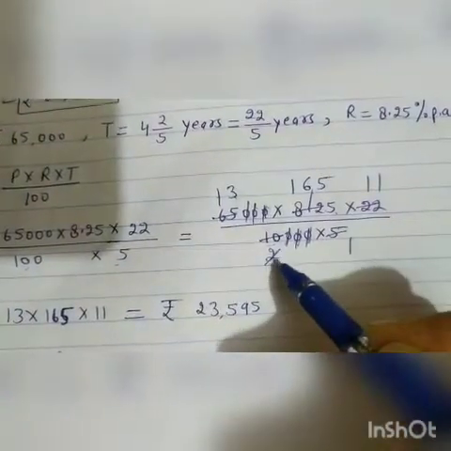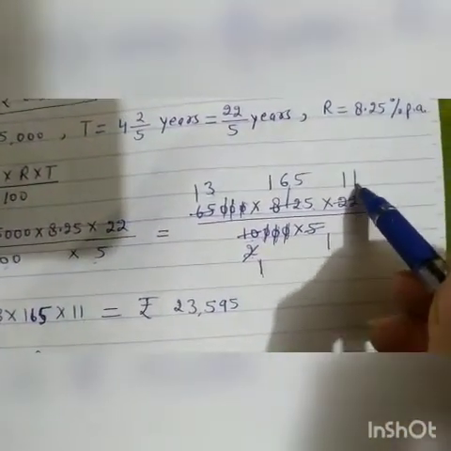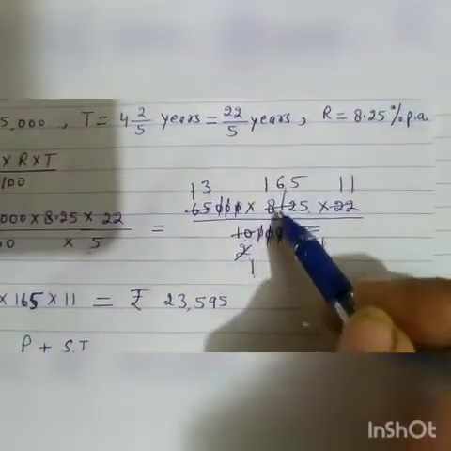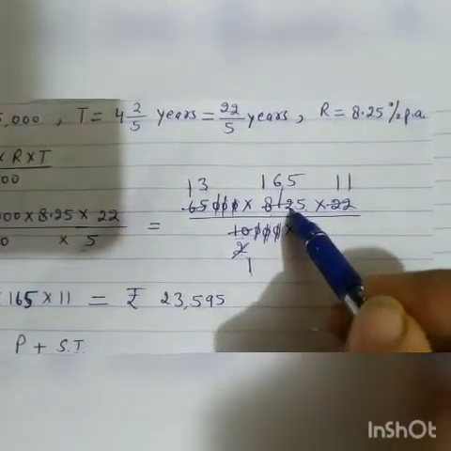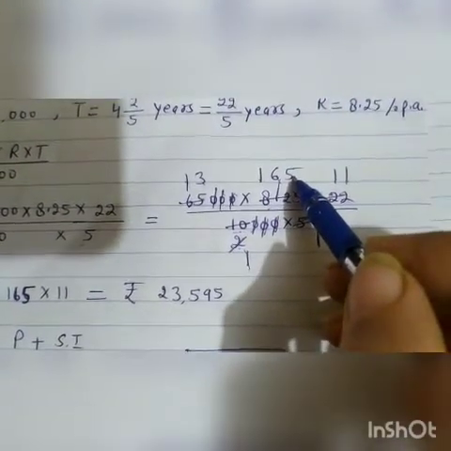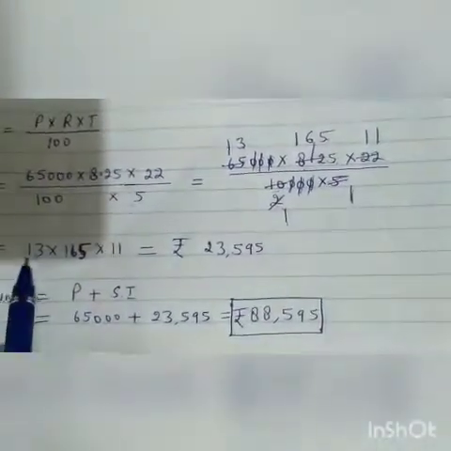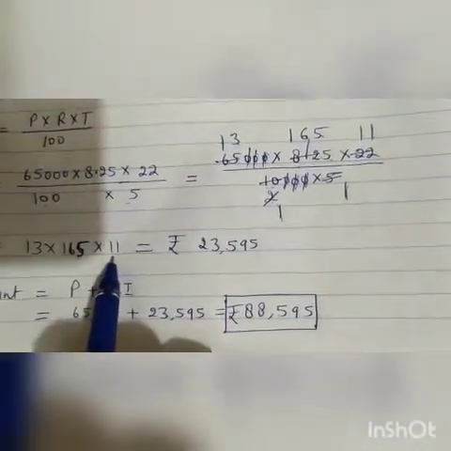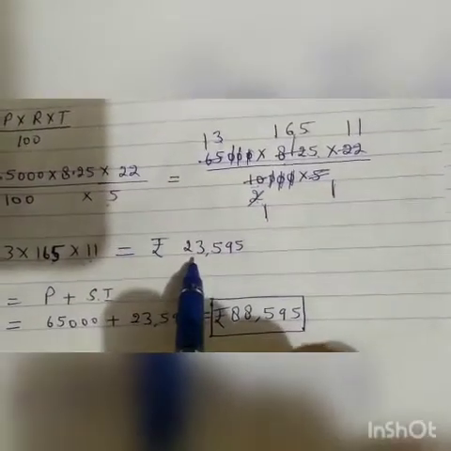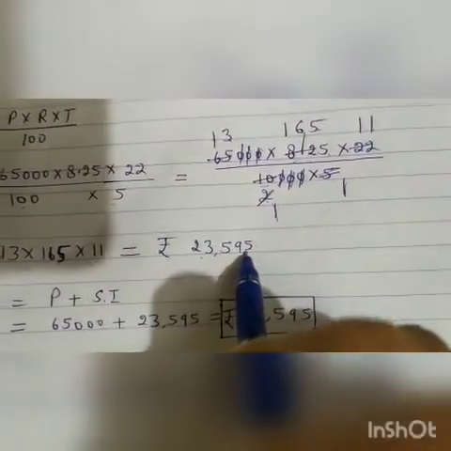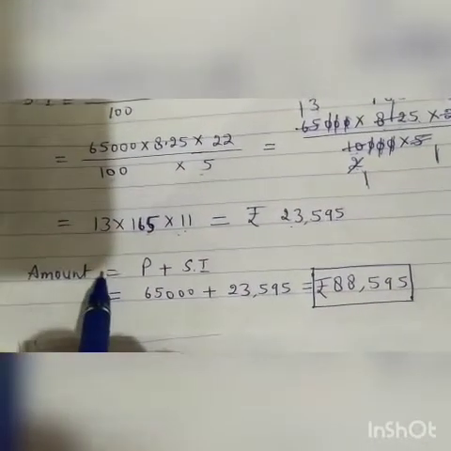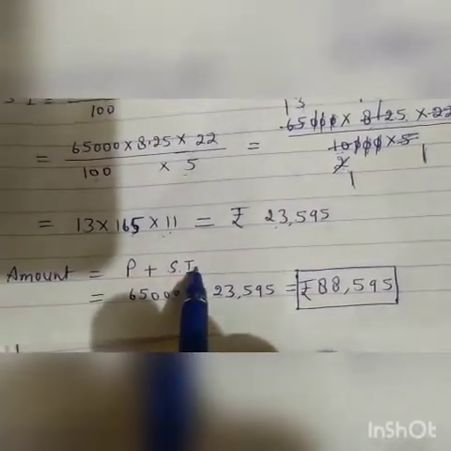Now this 2 1s are 2. 5 1s are 5, 3 remainder 32, 5 6s are 30, 2 remainder 25, 5 5s are 25. So it is 13 into 165 into 11. When we multiply these three numbers, we get 23,595 as simple interest.